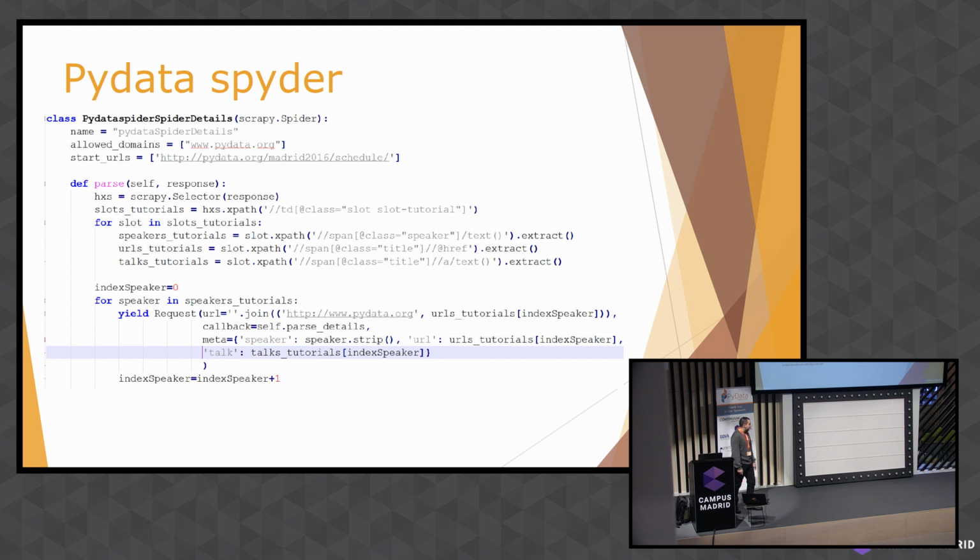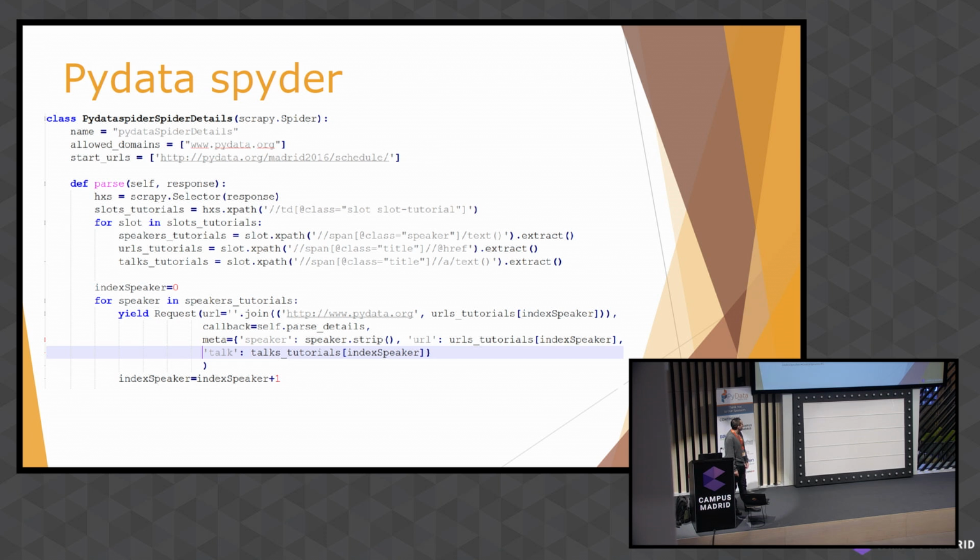Well, this is the main class of the spider. It extends from scrapy.Spider. The spider has a name for invoking it later from the command line, the allowed domains, and the start URL.